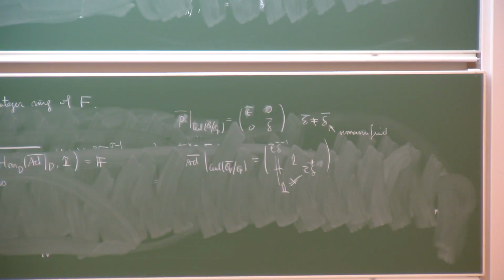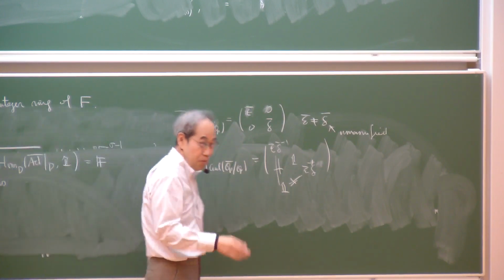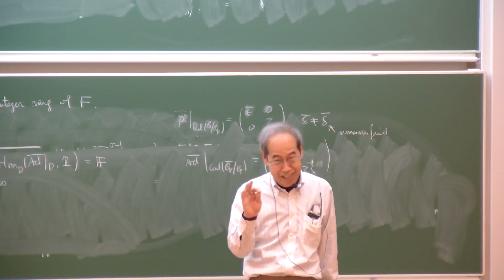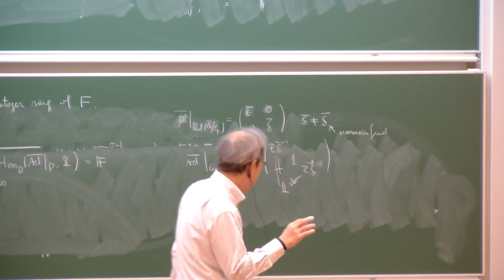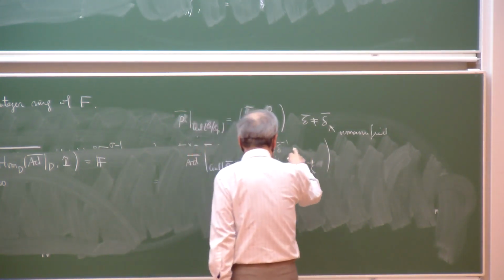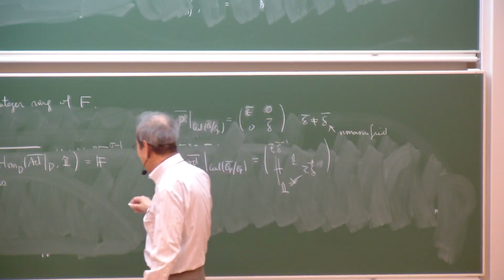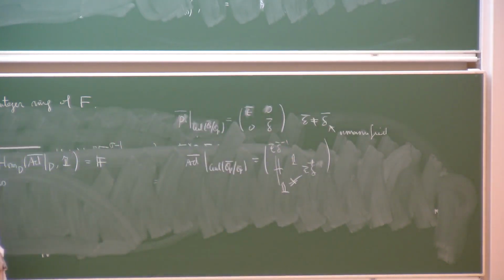That means the inertia action, if any, I mean, this epsilon delta both could be unramified, but I don't care. Only I need to concentrate on one case. So this cohomology group you need to look at is only concentrated on this one thing.